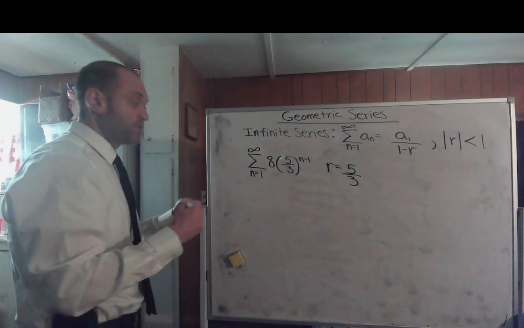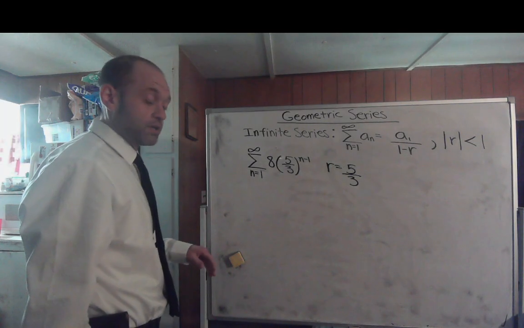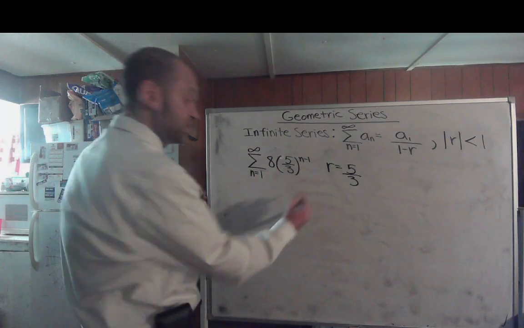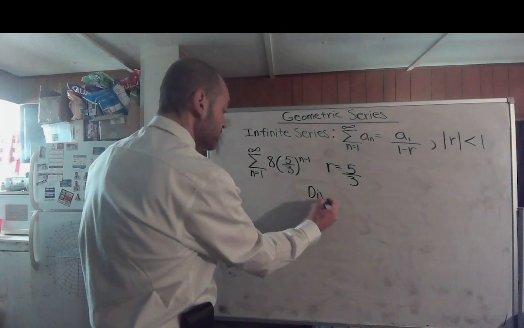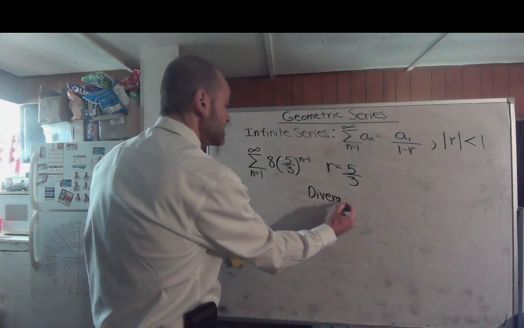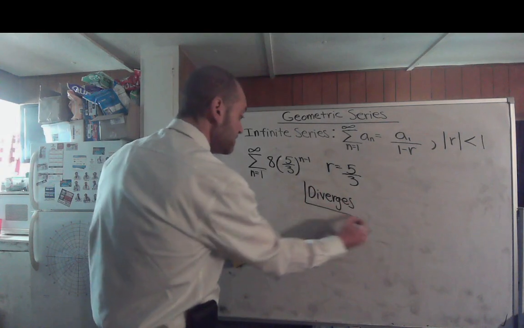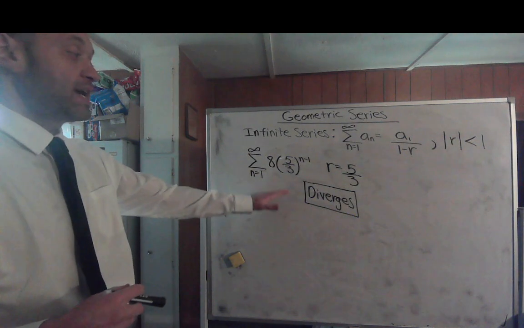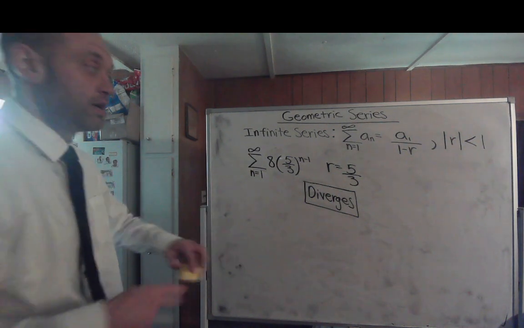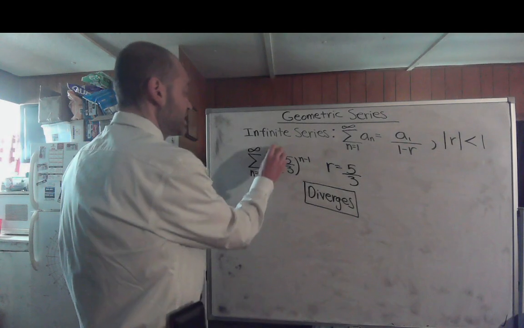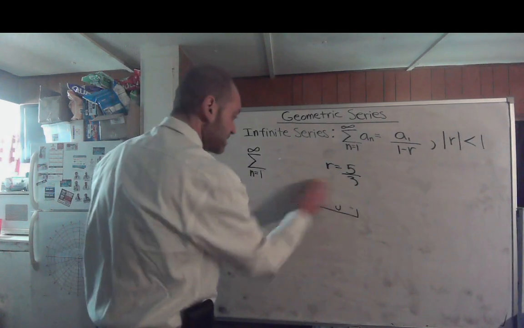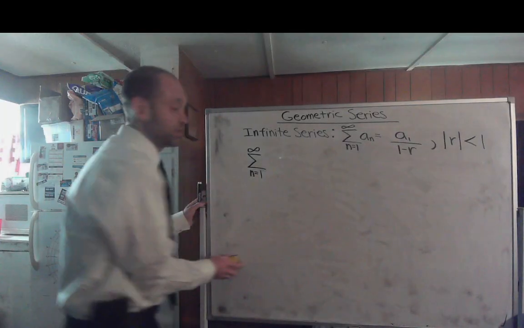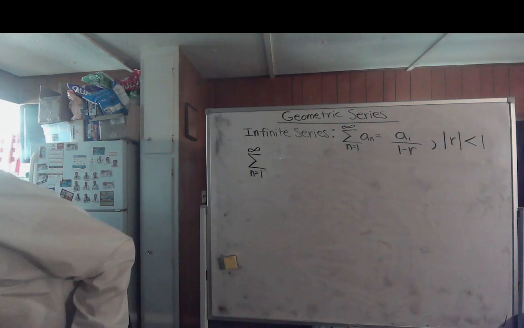Well, 5/3 is definitely greater than 1. So this series is going to diverge because it's just going to keep going up and up infinitely and never settle at a finite answer. So we don't actually have an infinite sum. That's why it's good to check your common ratio first so you don't waste your time.